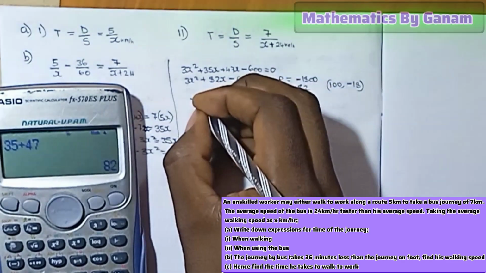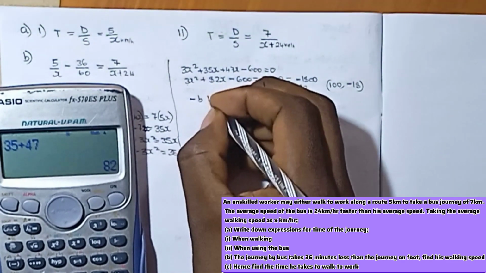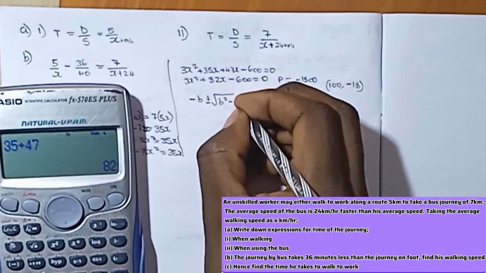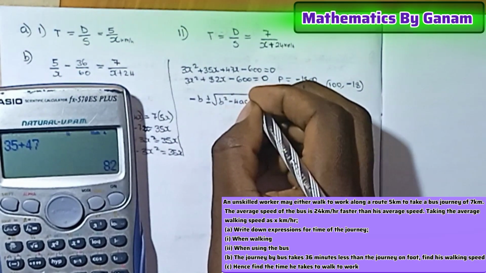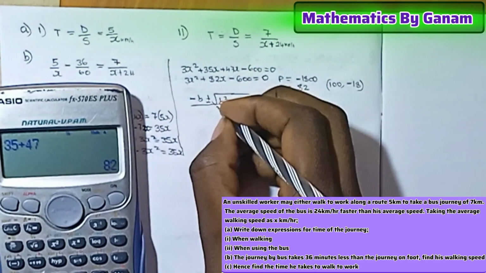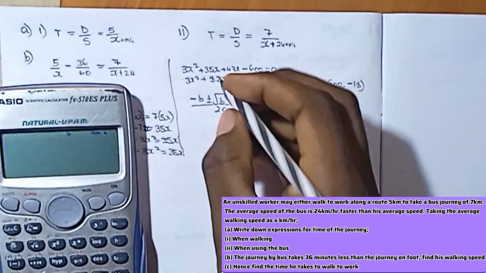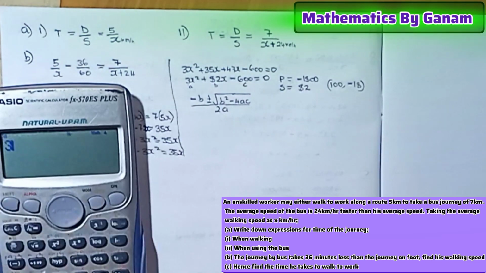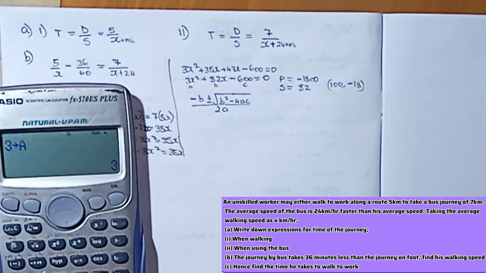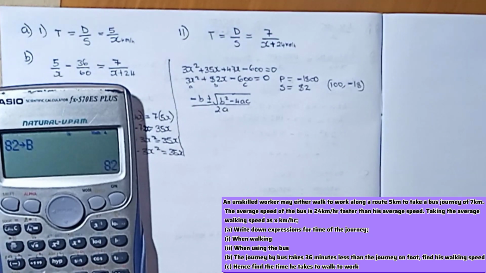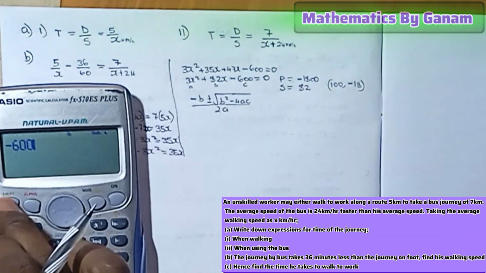So we're going to use this formula, negative b plus or minus square root of b squared minus 4ac, divided by 2a. So this is our a, this is our b, this is our c. Without the x squared, a is 3, b is 82, and negative 600 is c.